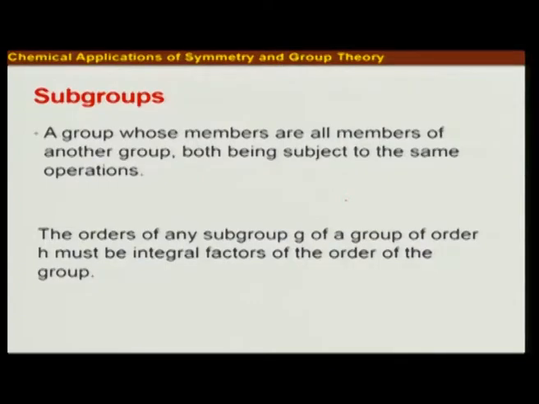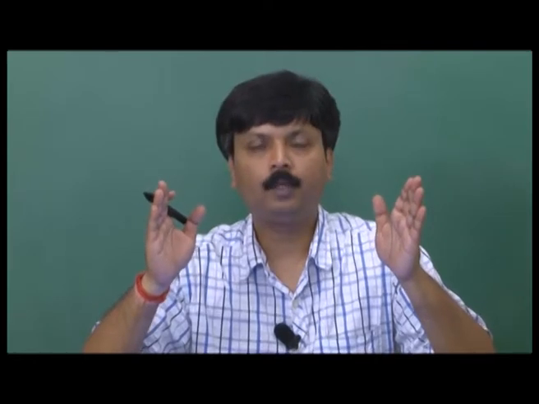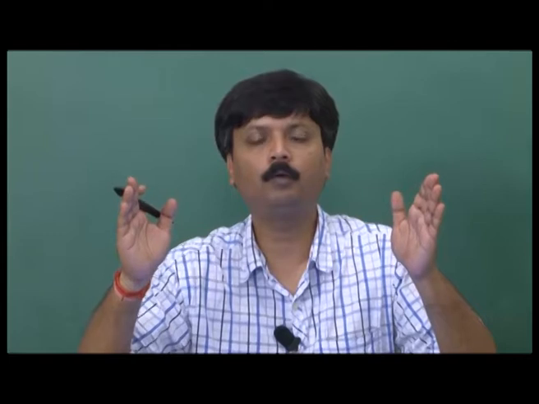So now let's look at some more concepts here, which is known as subgroup. So what is a subgroup? If you look at it on the screen, a group whose members are all members of another group, both being subjected to the same operations. So what it means is as follows. Say I have a group of order 6.